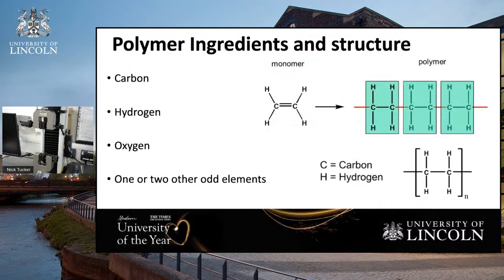Google it. So, if we're thinking about our beloved polymers, the structure of same, we take a monomer, the individual building block, a couple of carbon atoms, a carbon double bond between the carbon atoms, with the remaining valence filled up with hydrogen.